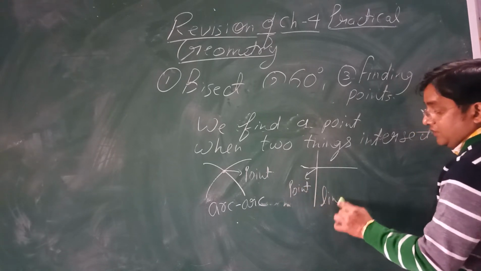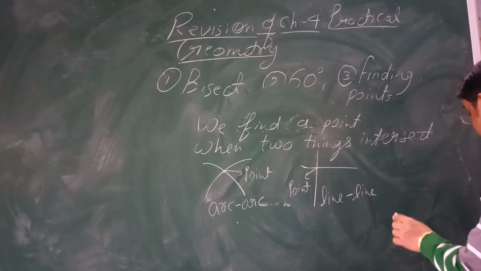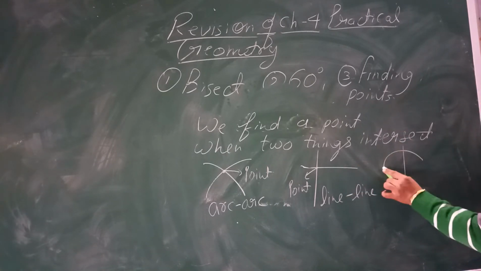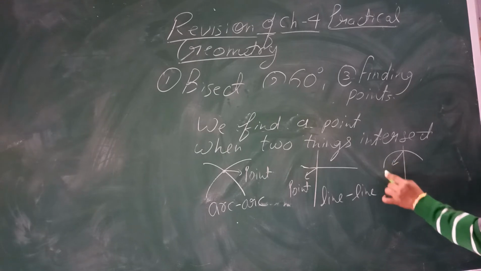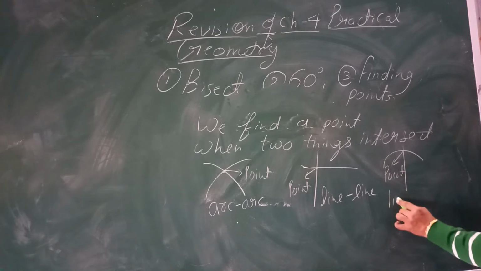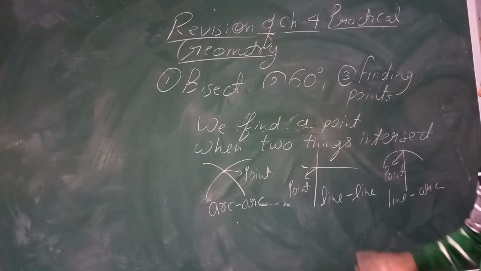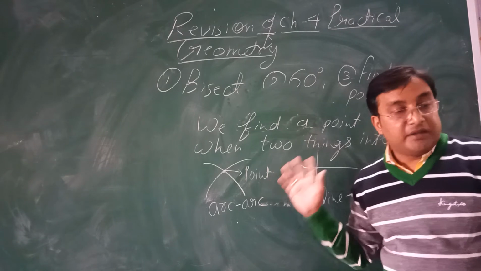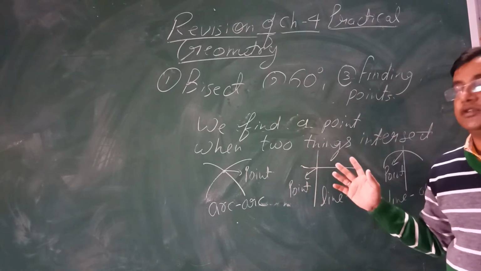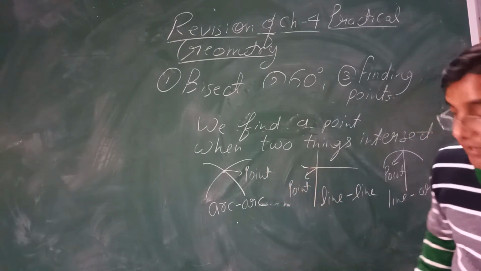Third is when a line and an arc intersect, there you get a point. So it is line and arc. Now your practical geometry is over. You can do any questions based on this. Let us discuss the questions one by one.